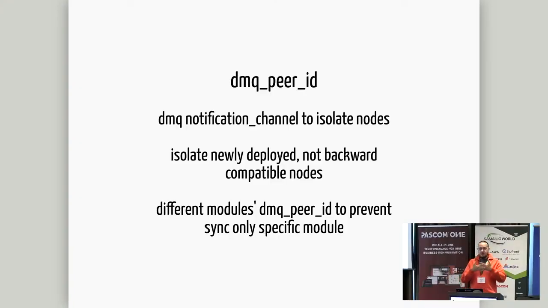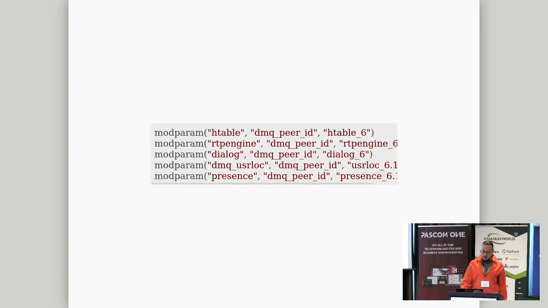For example, if you updated your Kamailio and you know that in the user location model the data structure for the DMQ changed, you just manually change the DMQ peer ID. I think this is the example. You can set the version, we call it version, but it's the DMQ peer ID. It can be any string.